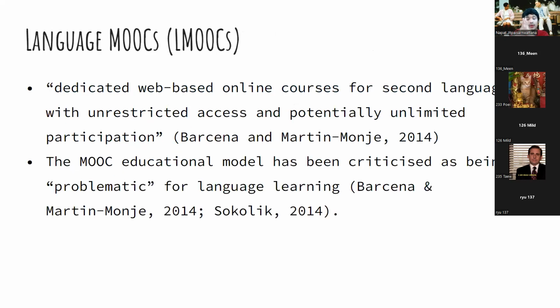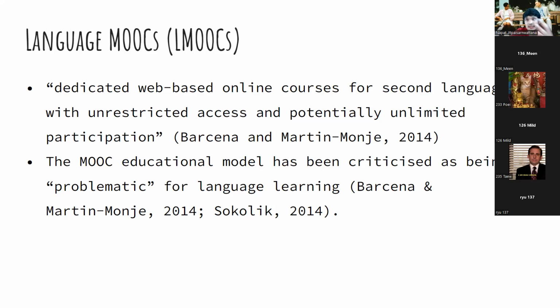All right, now we talk about MOOCs in general. Now I'm going to narrow it down a little bit to something we call language MOOCs, or LMOOCs, right? An LMOOC is a dedicated web-based online course for second languages with unrestricted access, so anybody can access it, and potentially unlimited participation, so you can participate as much as you like.